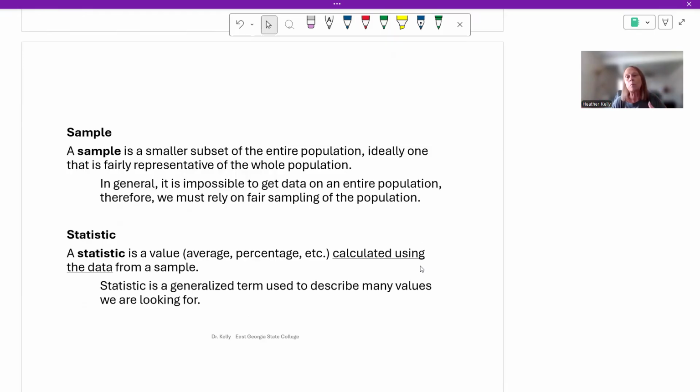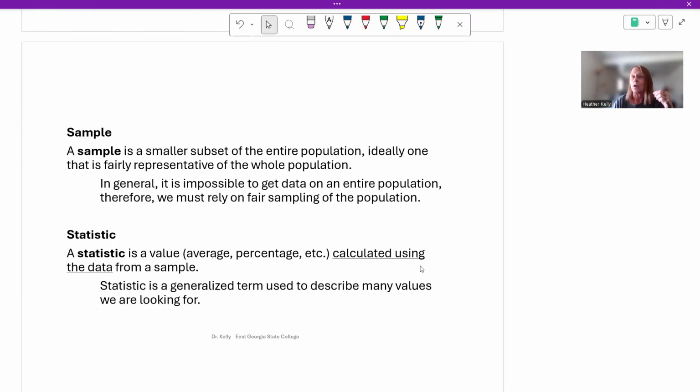So it's really impossible to get, say, eye color data from every single person in Georgia. That would be really, really hard to get, but we could take samples and then make educated guesses using statistical analysis about what the general population is.